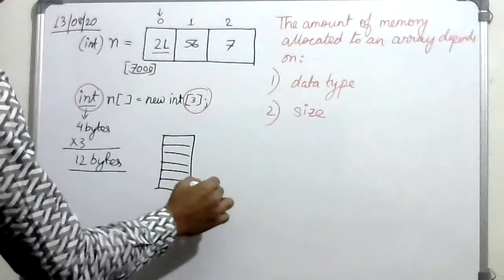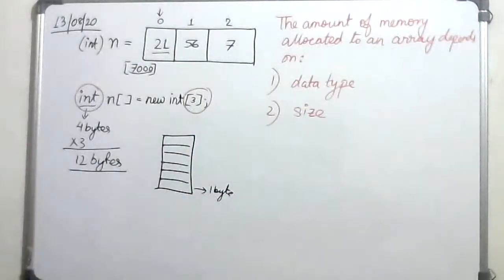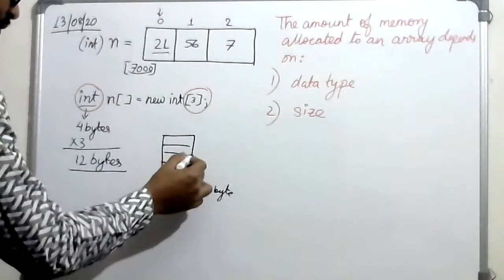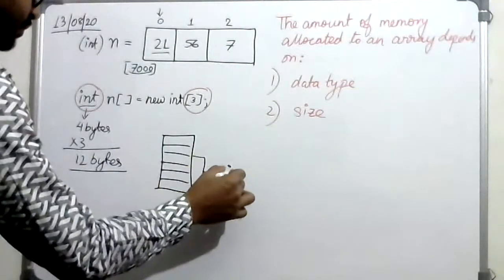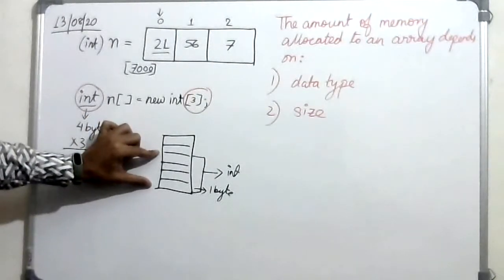Each partition is of size 1 byte. If each partition has a size of 1 byte, then each integer value will take up 4 bytes. So 1, 2, 3, 4. This whole thing will be taken up by an int value, because int is of size 4, so it will take up 4 bytes in memory.